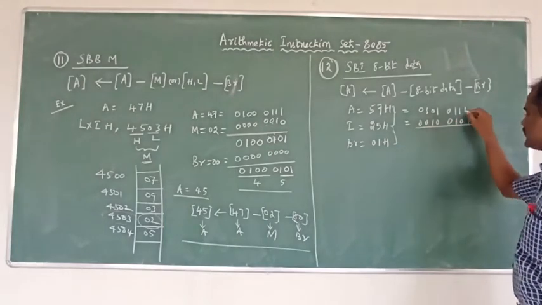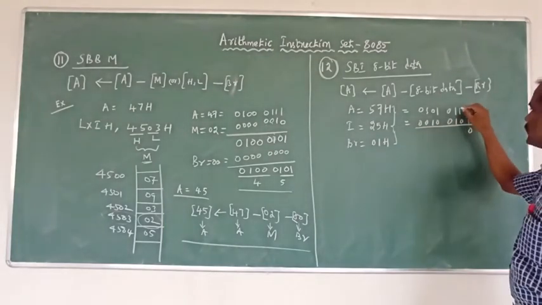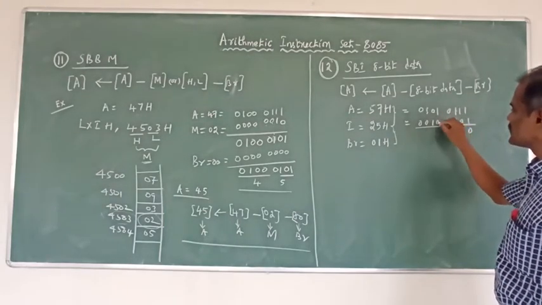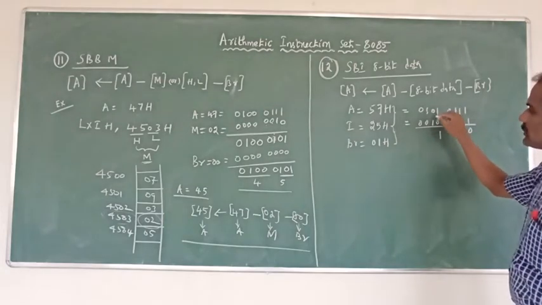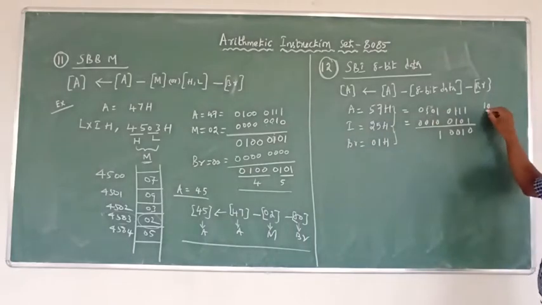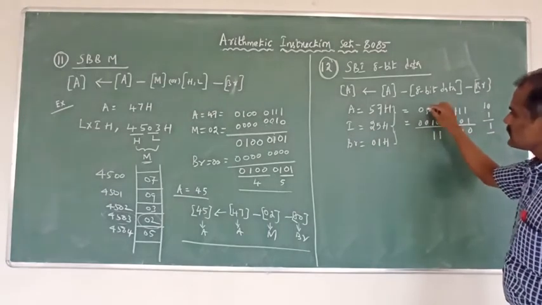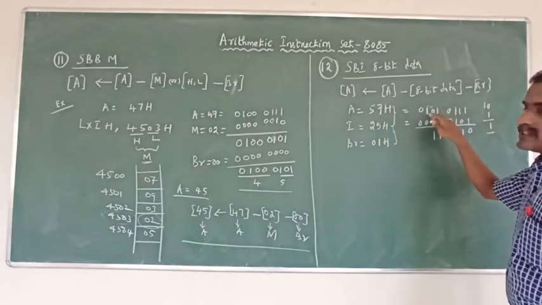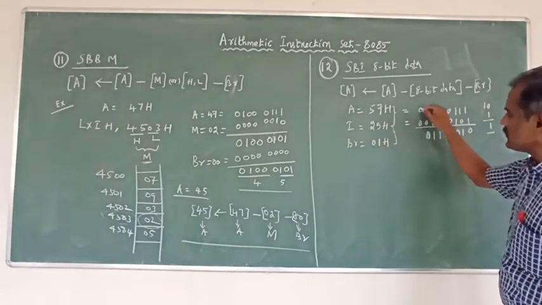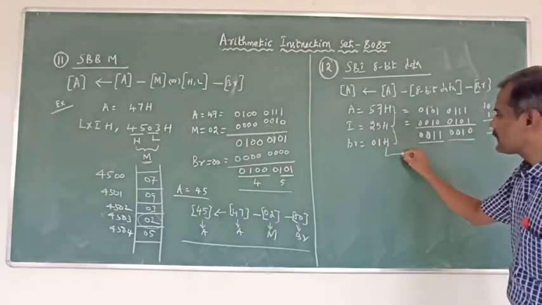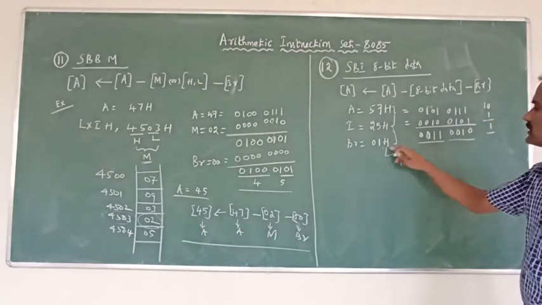Now to subtract these two: 1 minus 1 is 0, 1 minus 0 is 1, 1 minus 1 is 0, 0 minus 0, 1 minus 0 is 1. Here 0 minus 1 we cannot subtract, we have to get a borrow from here. This is 1 0, which means 2, 2 minus 1 is 1, and 1. Here the 1 will be moved to here and here will be 0. That is 0 minus 0 is 0 and 0 minus 0 is 0. Now this result is subtracted with the borrow. Now borrow equals, suppose, 0 1.